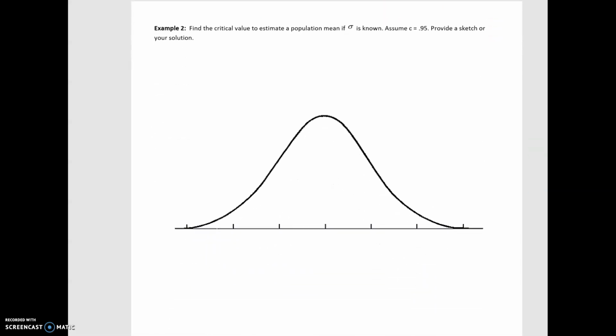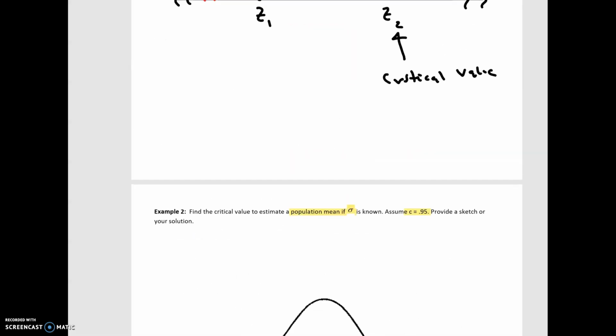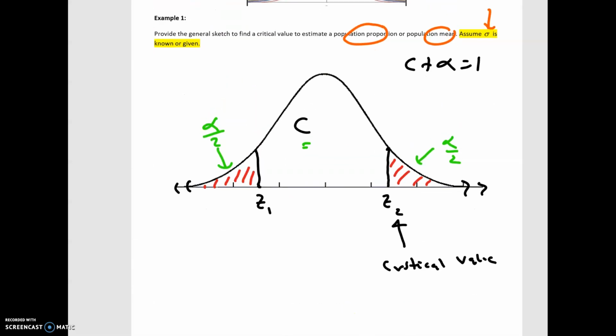Everybody, take a look at example 2, and here we're given the following. We're given that the value of c is equal to 95. In that case, that would be this portion. And they are estimating the population mean. Because they're estimating the population mean, we're actually looking at z-scores.